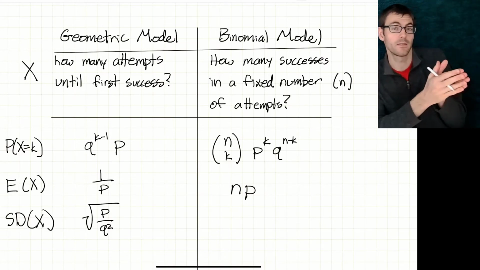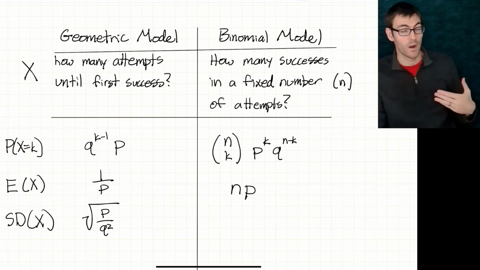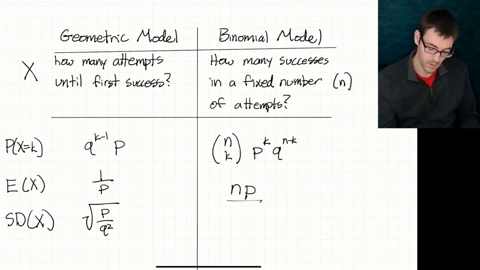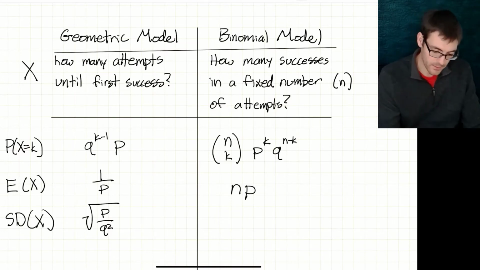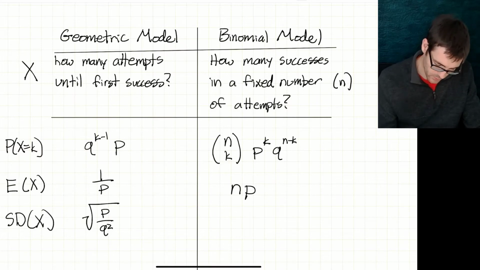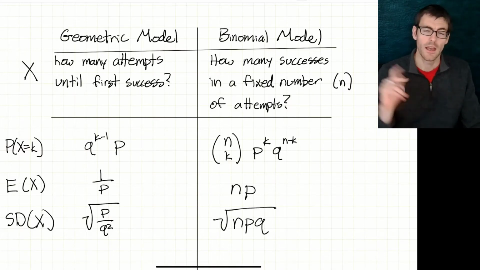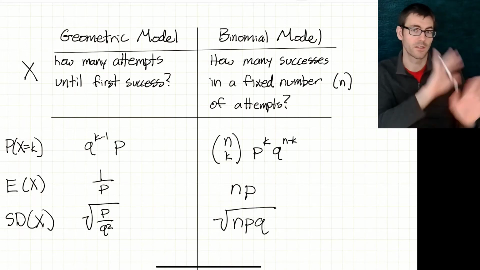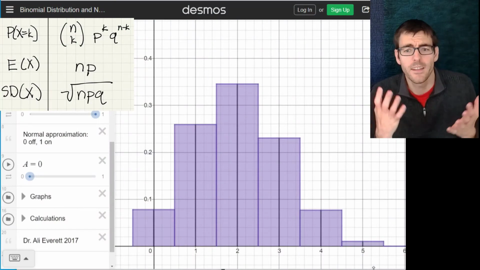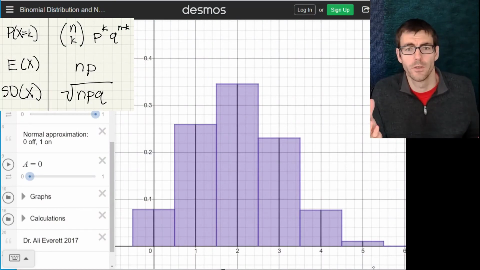If we are attempting this a total of n times, we're adding together n copies of p. In other words, np. And then lastly, the standard deviation is going to be the square root of n times p times q. And this is one thing that I'm going to have you discuss in your groups as to why exactly that is.